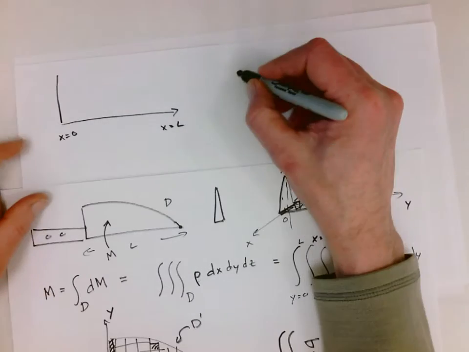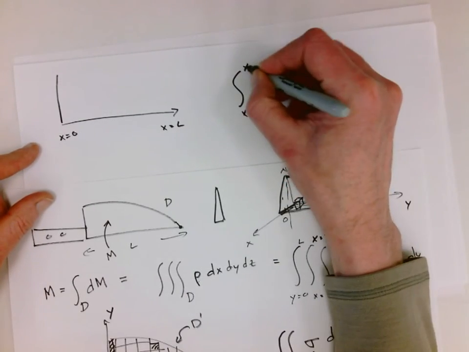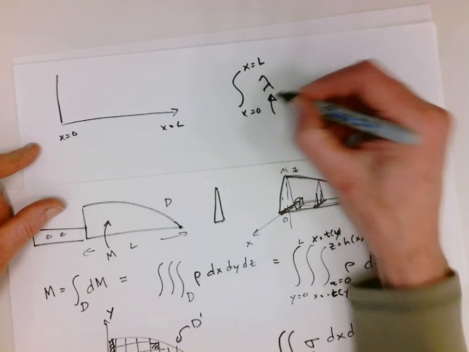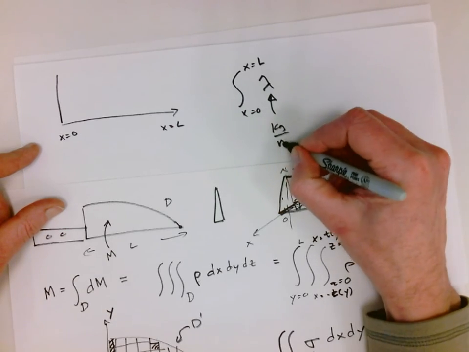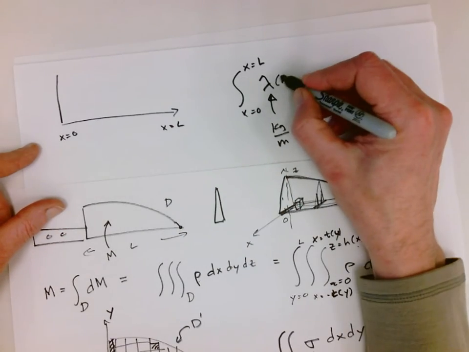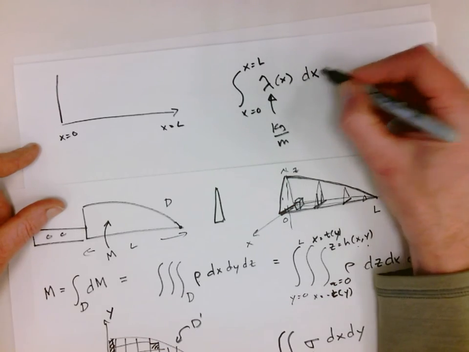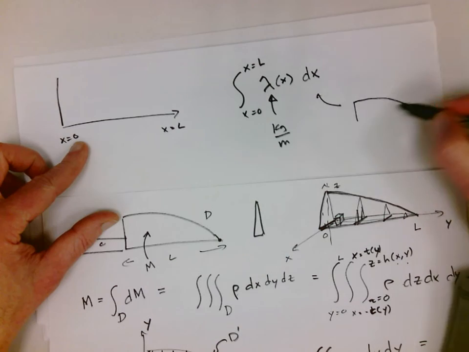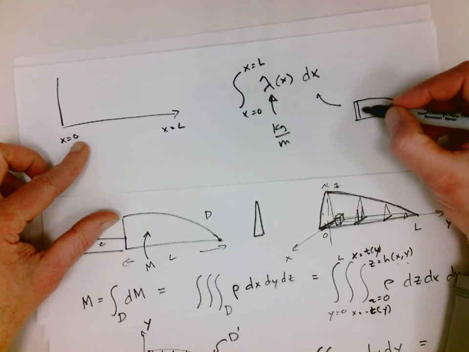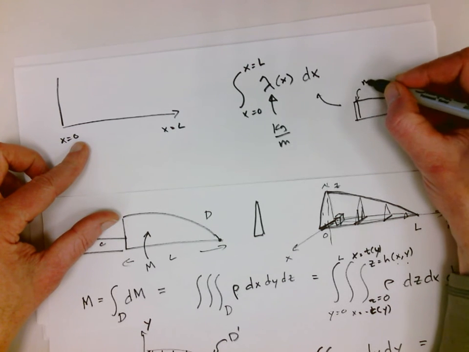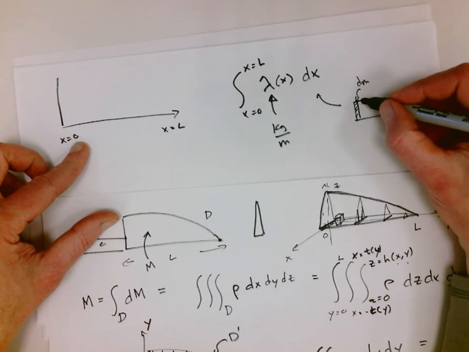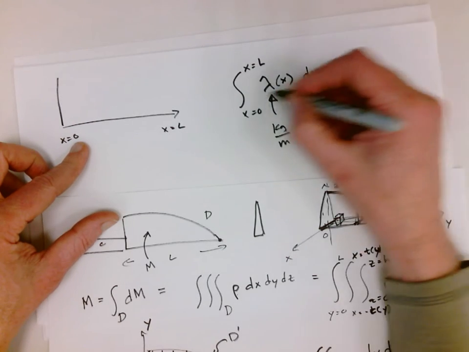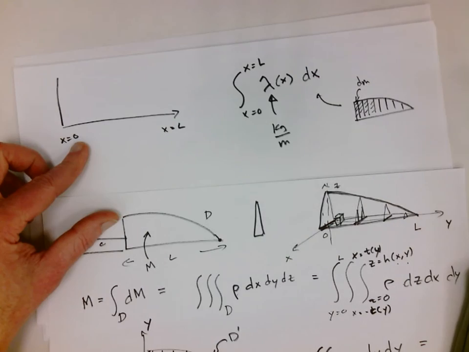So I would do the integral from x equals 0 to x equals L of the linear mass density, which would be the kilograms per meter of the knife, which depends on x, times dx. And so conceptually, I've got my knife, and I could think about what the differential mass is of each one of these chunks, and I'm adding up each of those differential chunks as I move along x.